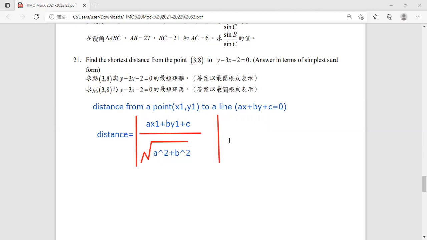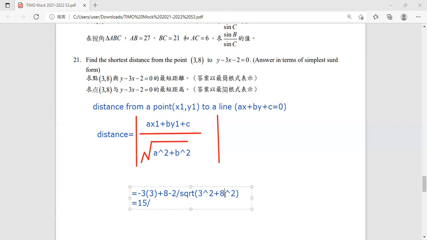Then you just substitute each. Now this time, ratio 15 over, no, this 36.